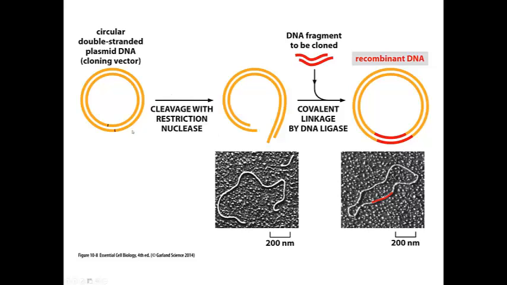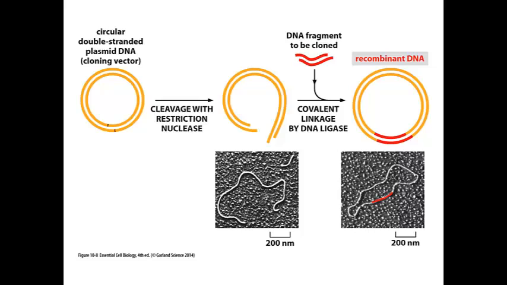So in this example, it's showing a vector of some kind that's cleaved with a restriction enzyme, and here's an electron micrograph of that. A DNA fragment has been also cleaved with the restriction enzyme, and assuming that they have the same sticky ends, they'll be joined together, and then you add DNA ligase, which is the very same DNA ligase that you've heard of before in DNA replication, and the two pieces of DNA will be joined into another circular DNA molecule, and it's now called recombinant DNA.